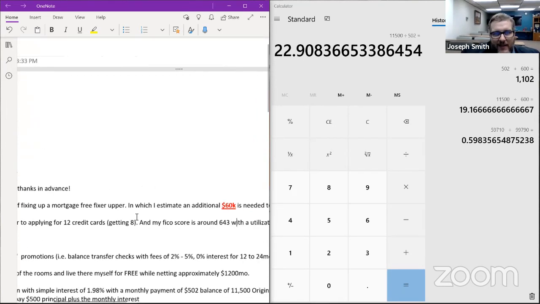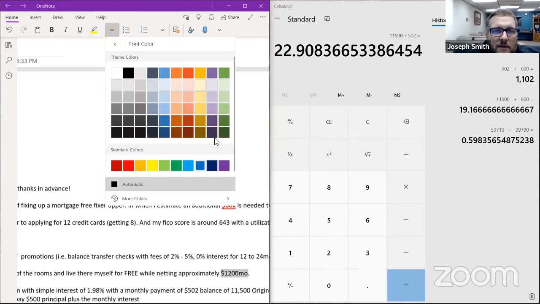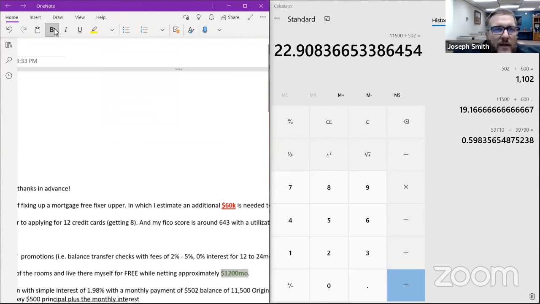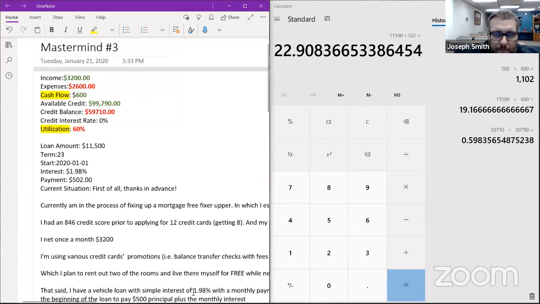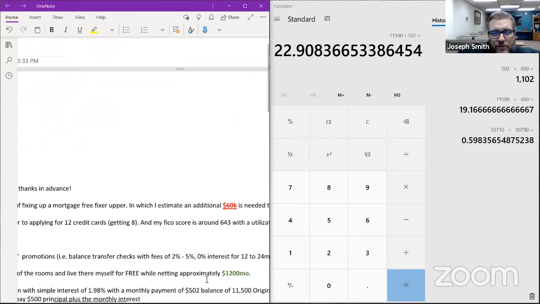They need $60,000 to finish this fixer, and they believe that if they finish the fixer, they will grow their monthly income by an additional $1,200 a month.